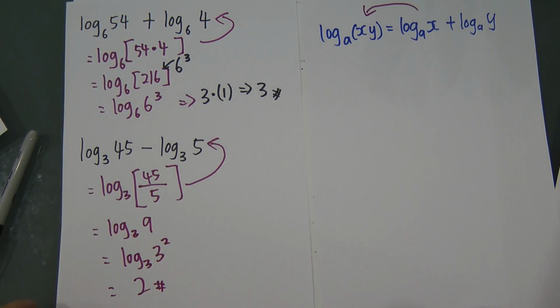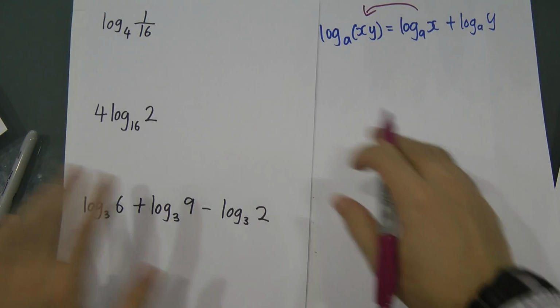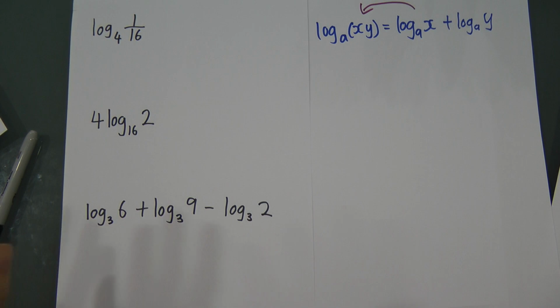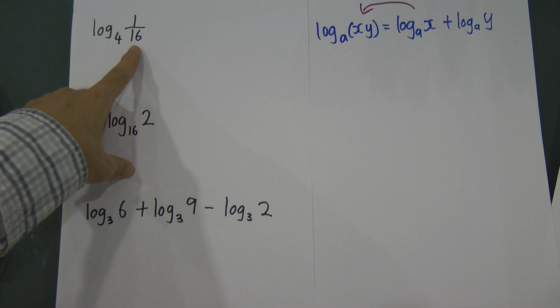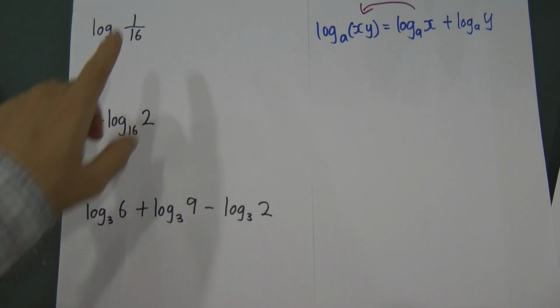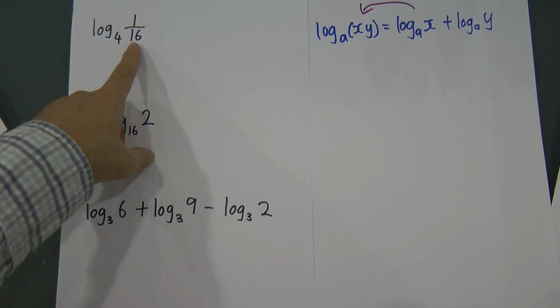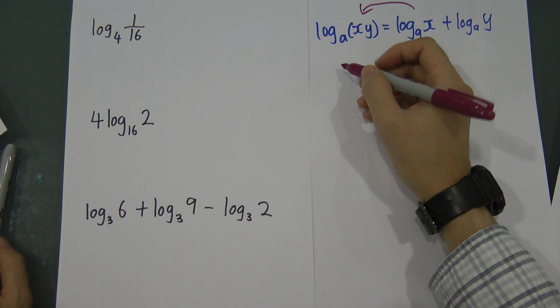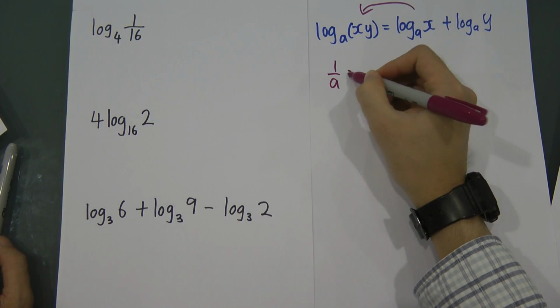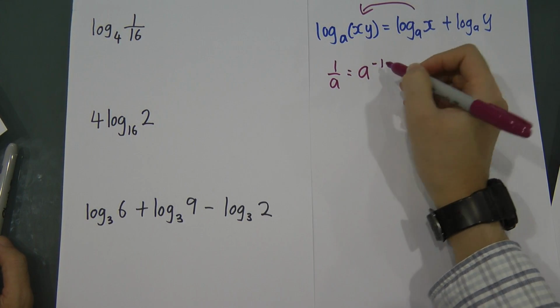Then let me move on. This is simple. Okay, what happens to this one? Obviously we know 4 and 16 have a relationship because 16 is 4 squared. But this is 1 over 16. So when you see 1 over 16, in indices we learn that 1 over a, we call it a power of negative 1.